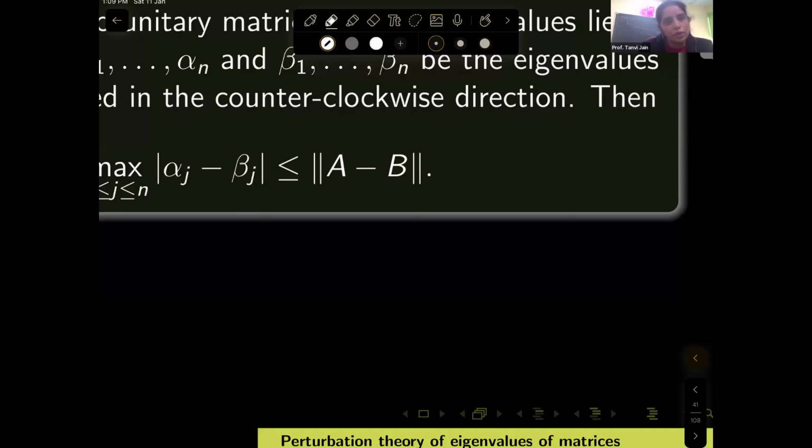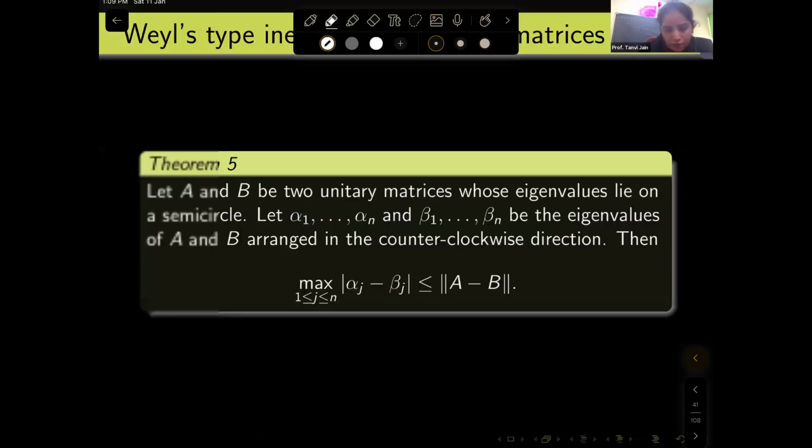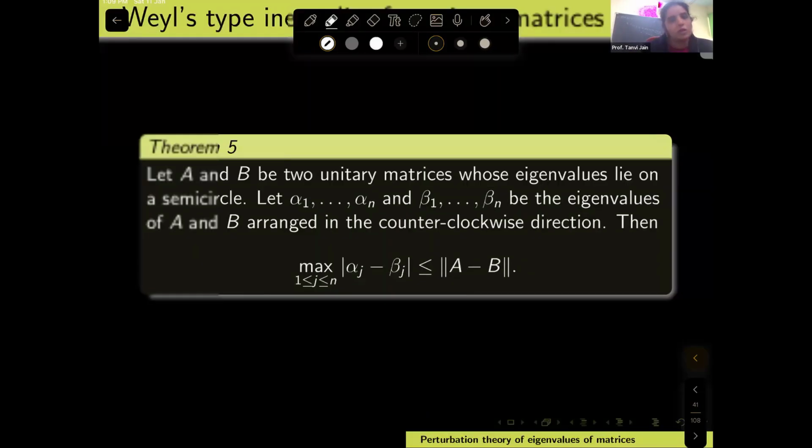Now you can ask why I am looking at the semicircle, since this way I can order. The thing is that an n by n matrix has n eigenvalues, so there will always be a small arc where my eigenvalues are not there.